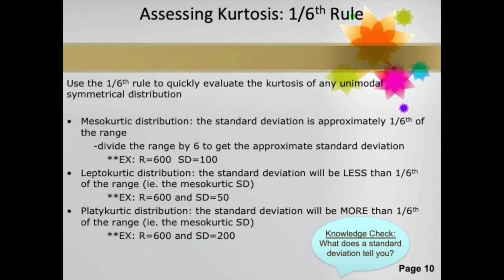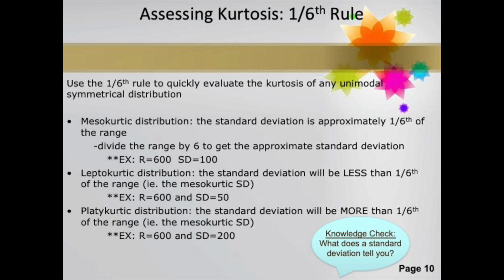And then you could do the same if you ended up calculating the standard deviation for a mesokurtic shape with a range of 600. You say, okay, that would be 100. So if this distribution is normal with a range of 600, the standard deviation should be 100. But then you look at your data set and you see that your standard deviation is actually 200.